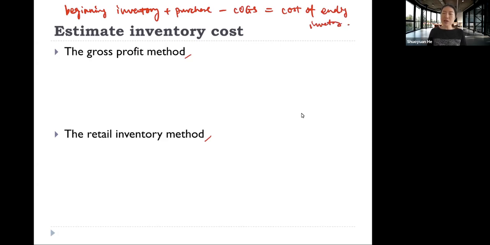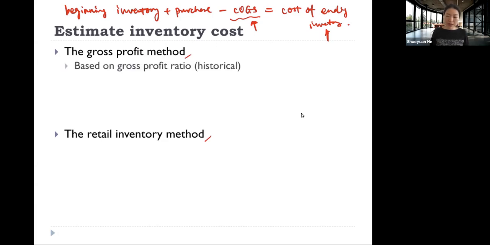Under the gross profit method, the firm estimates the cost of goods sold directly, and through the cost of goods sold, they get an estimation of the cost of the ending inventory. Under the retail inventory method, through some ways, the firm estimates the cost of its ending inventory first, and after they know that number, they estimate their cost of goods sold. Let's briefly talk about these two methods, and then we'll go into each of them in detail.